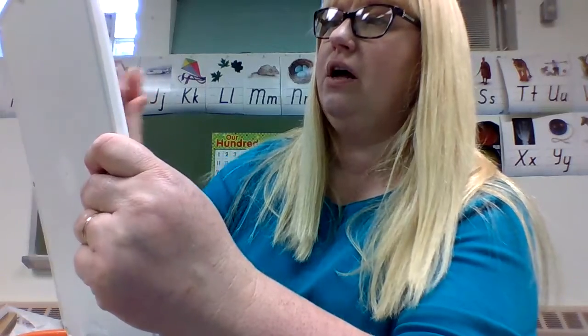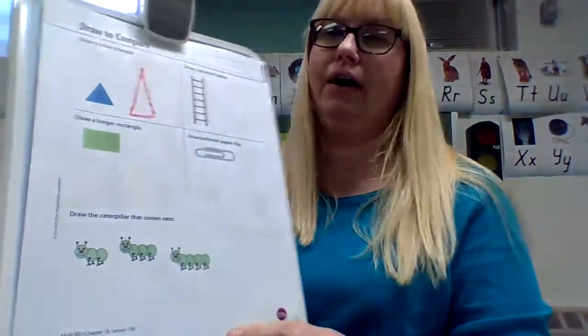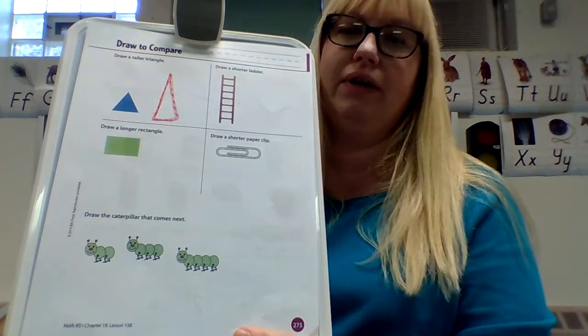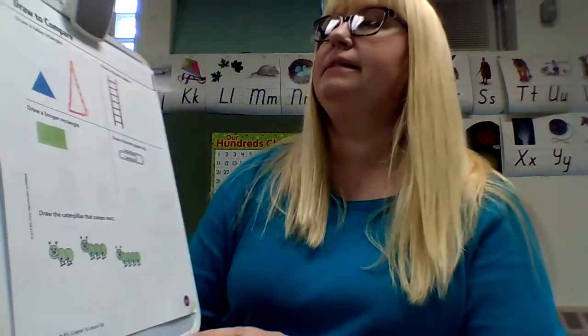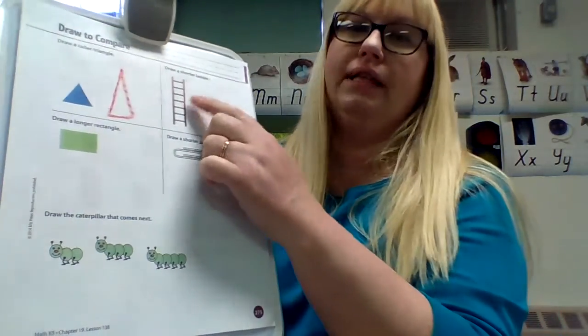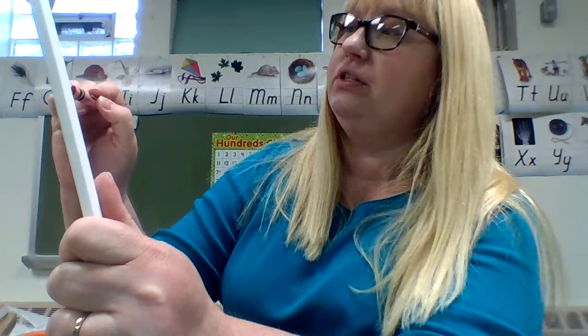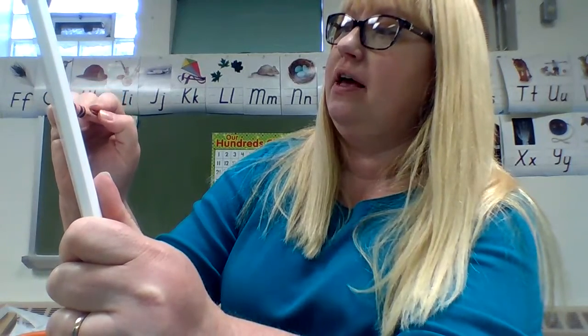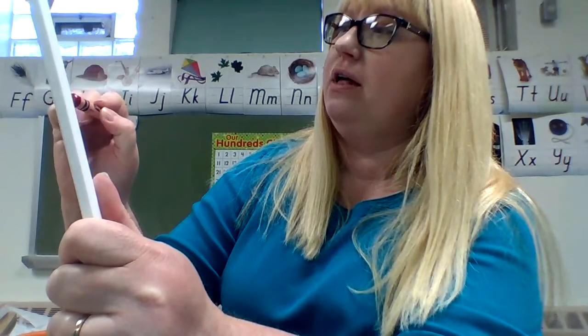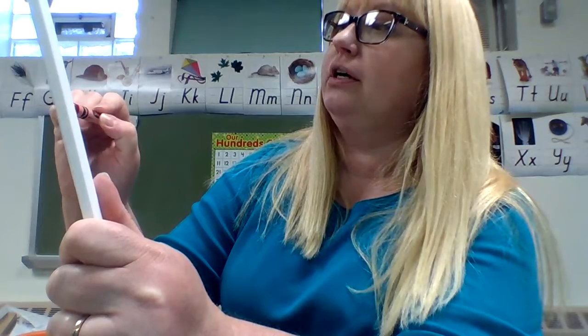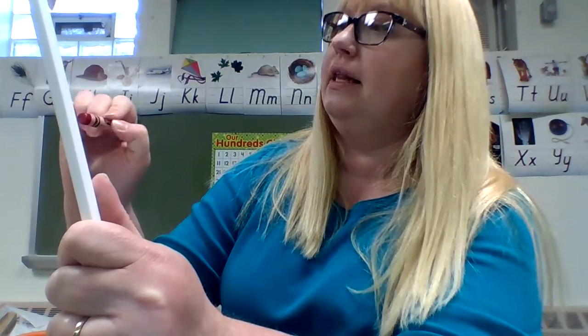So you're drawing a taller triangle there. It's a little darker there, a little easier for you to see. Next up, it says, we're going to go over to the ladder. Draw a shorter ladder. You can be doing all this just with your pencil. You don't have to have a crayon. So you want to draw a shorter ladder.